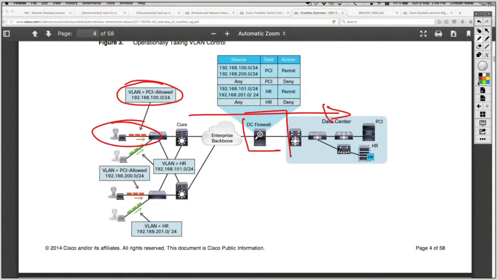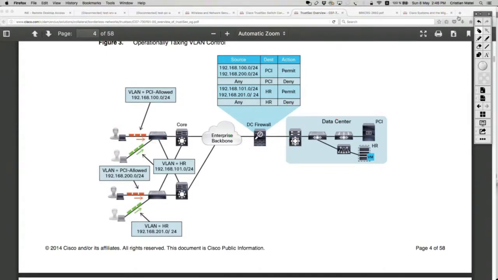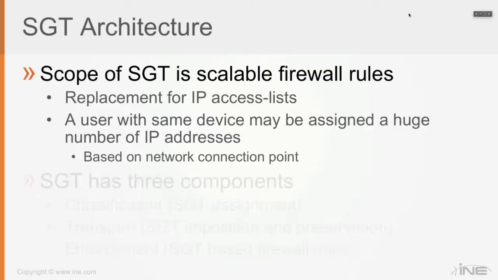And as I stated, imagine that this user in here can get multiple IP addresses assigned based on a connection point and type, which means that for the same user, I'm going to have to configure on that firewall a lot of rules, and that's not scalable. Not only from the hardware point of view scalability, but also from the management of configuration point of view.